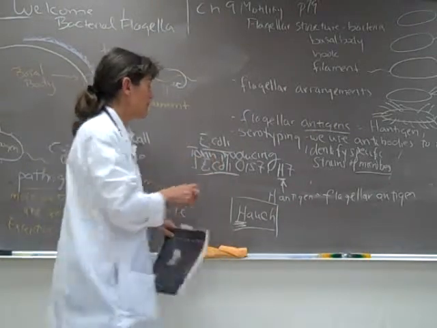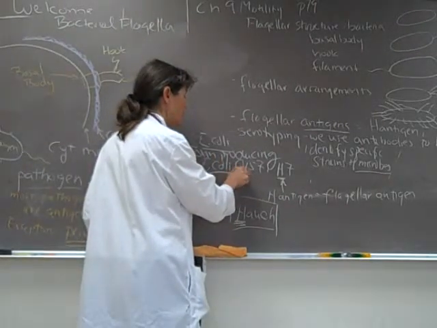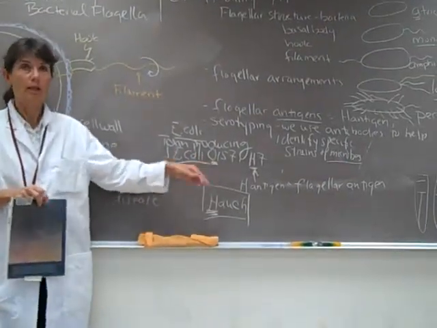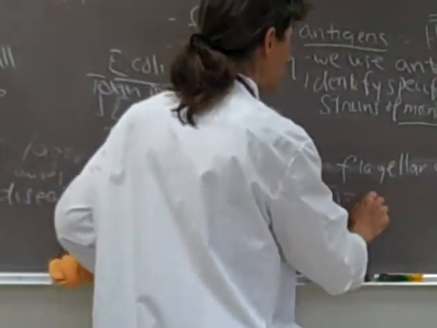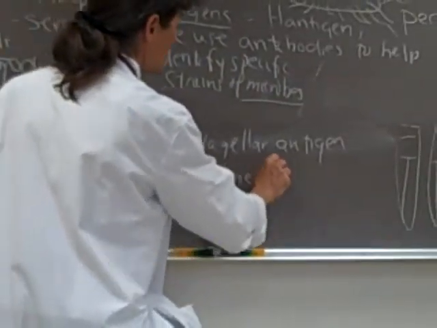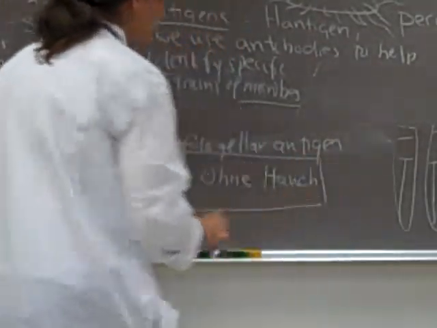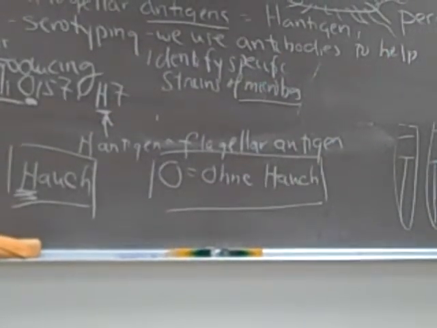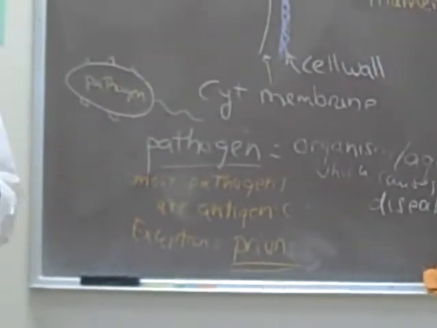Now, the other one doesn't have to do with flagella, you guys, but just so we finish the story, you'll see here in the serotype name, there's an O there. So O stands for ohne Hauch, and ohne is without. When the microbiologists identified there was another component of bacteria that could trigger antibody production, they discovered this component had nothing to do with motility.